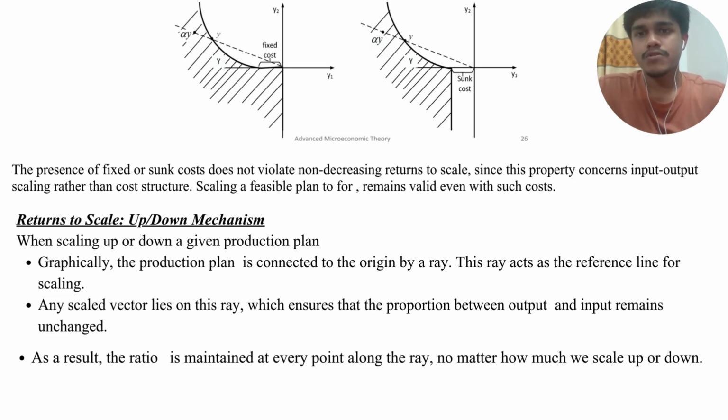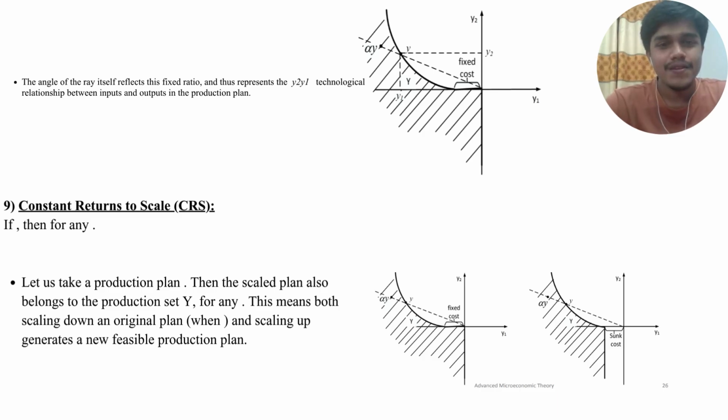Then I want to talk about returns to scale. When we talk about scaling a production plan up or down, we mean changing the level of inputs and the outputs by a common factor. If you imagine any feasible production plan as a point on the graph, in my fourth slide I have constant returns to scale.